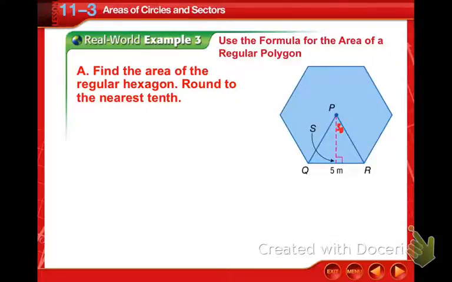So that's a 30, 60, 90 triangle. We know that the base is being cut in half, so this is 2.5 here. And our apothem is the longer leg of a 30, 60, 90 triangle, when the 2.5 is the short leg. So we just have to multiply our 2.5 short leg by square root 3. So 2.5 square root 3.